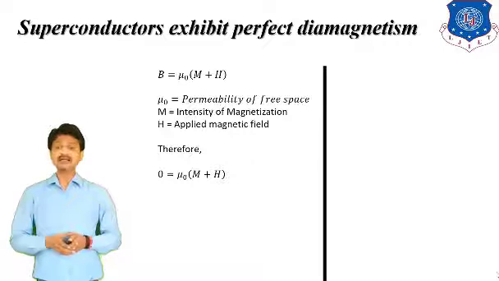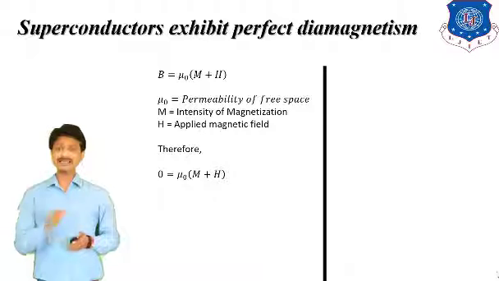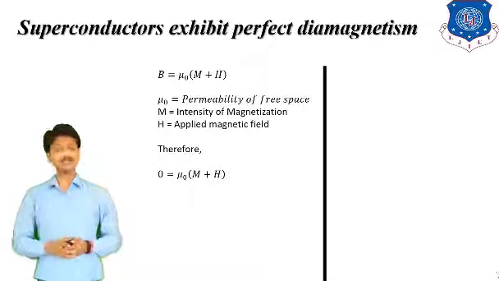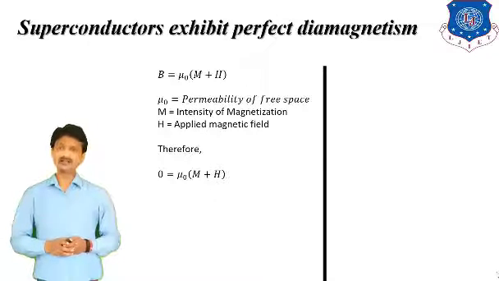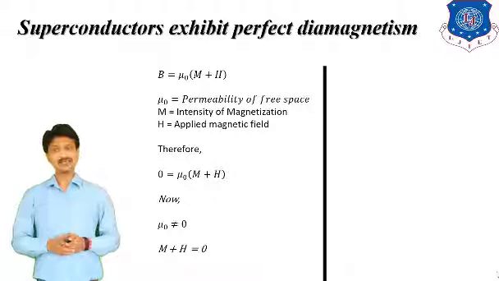But we know that mu0 is nothing but the permeability of free space, so obviously mu0 does not become 0. So here we can say that M plus H equals 0.